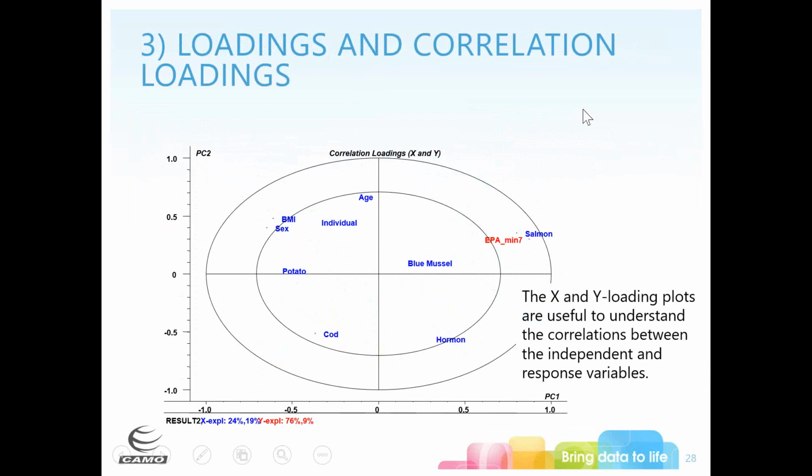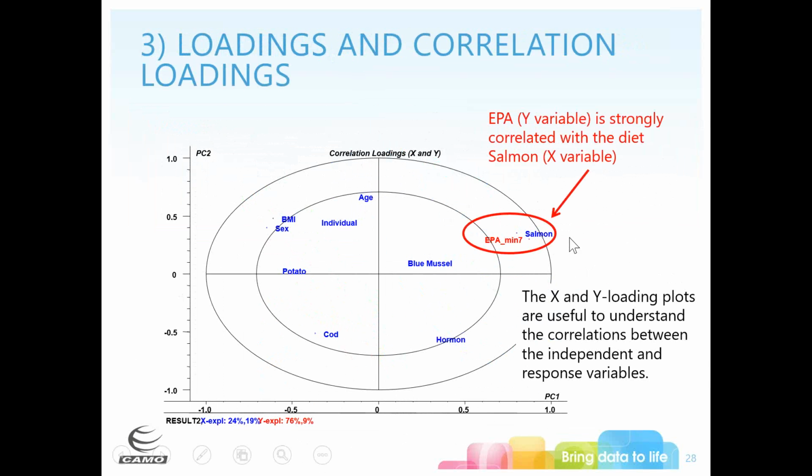You take a look at your loadings plots, you can see here that this EPA measurement, that's that biologic, is very close to this salmon diet variable. When things are very highly correlated, they will be very close to each other. So that means that as your intake of salmon is increasing, so is this response variable.